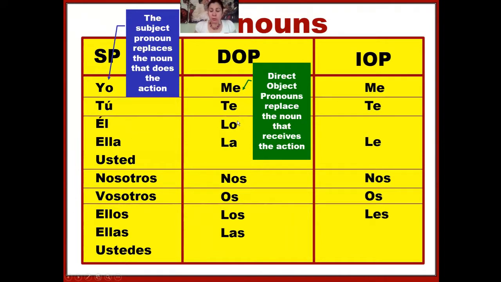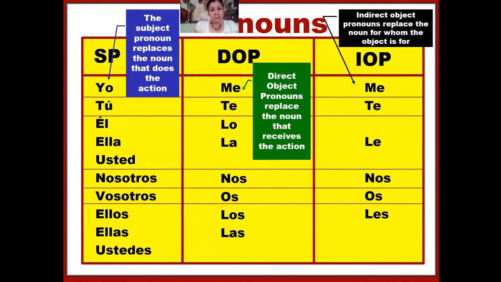And now we are working on indirect object pronouns. See, indirect object pronouns replace the noun for whom the object is intended. So when you say, you notice that we have similarities here. We have me, te, le, nos, os, and les. And you see the LL pronouns are the only difference that we have here.